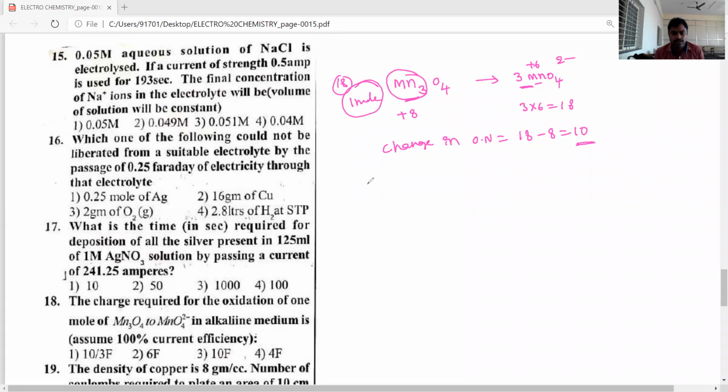So for conversion of 1 mole of Mn3O4 into MnO4 2 minus, it requires 10 moles of electrons, which is nothing but 10 Faraday's current. 10 Faraday's current is required.